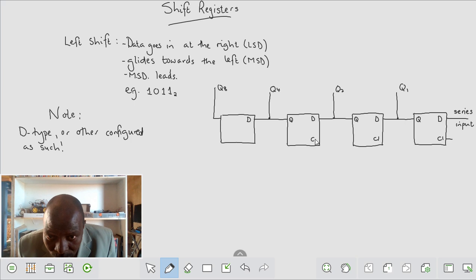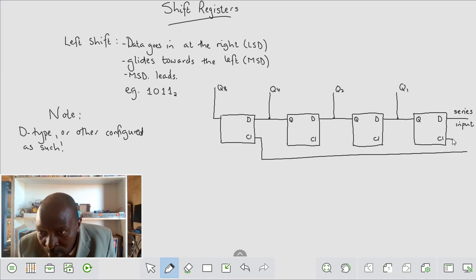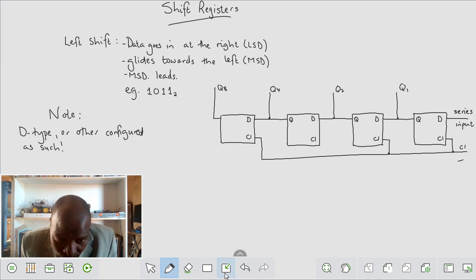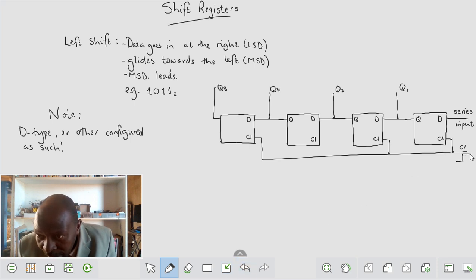Our clock can be direct like this, in which case we know we are using the leading edge of the clock. Our clock can come direct like that, in which case we'll be using the leading edge.